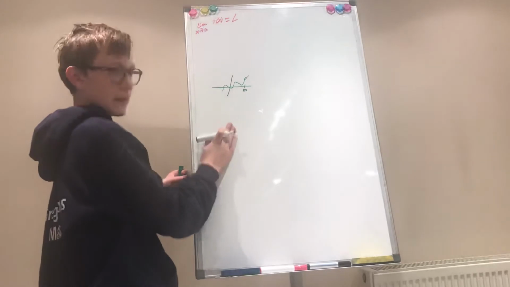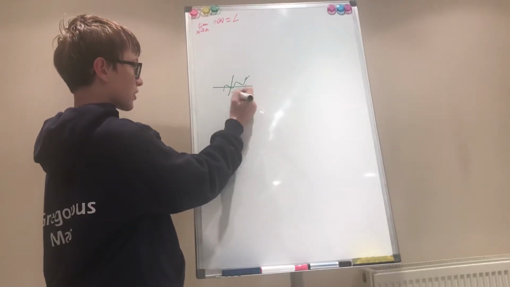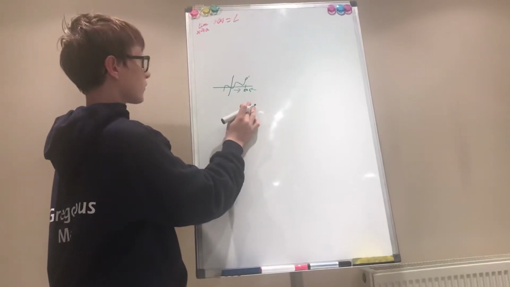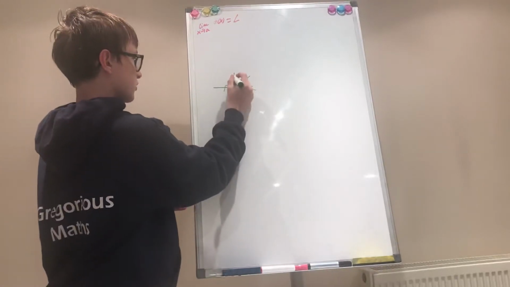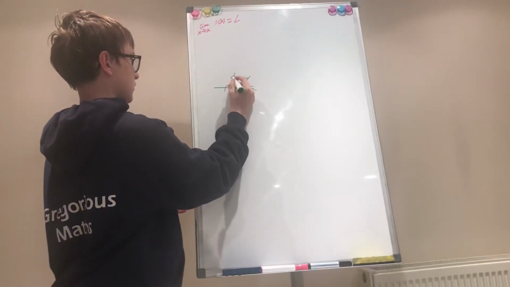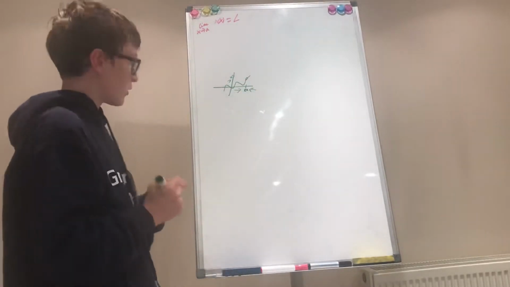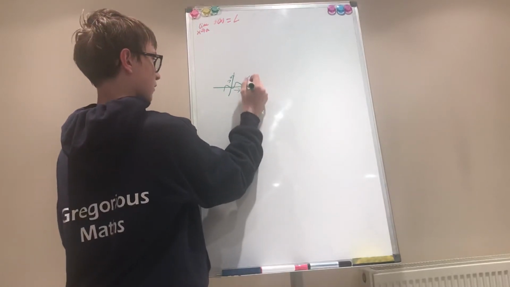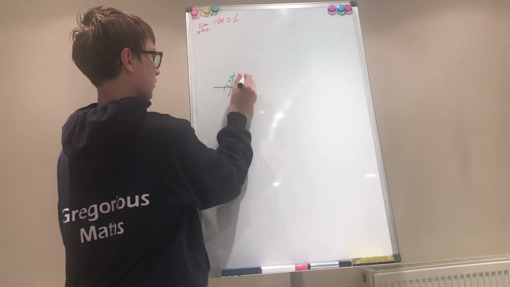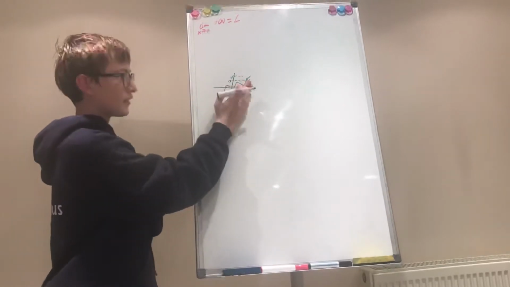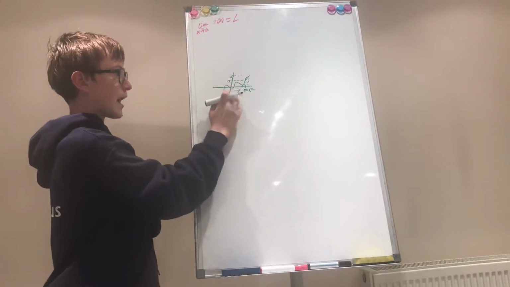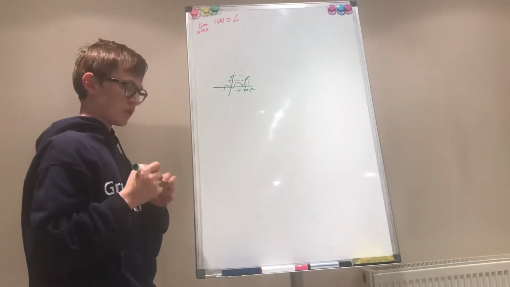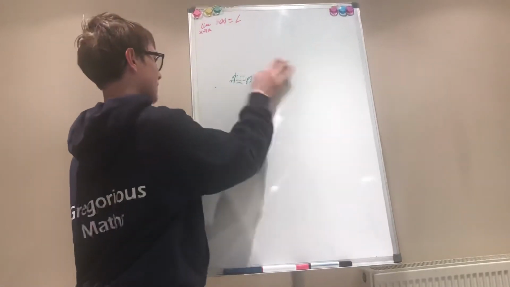So the idea of the limit is, as x gets sufficiently close to A from the right-hand side and the left-hand side, our f of x should get sufficiently close to L. We can clearly see that as x gets closer to A, this output f of x gets closer to L. Okay, so how do we make this rigorous?